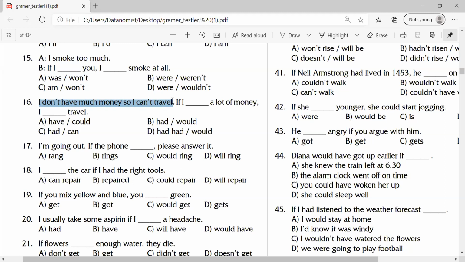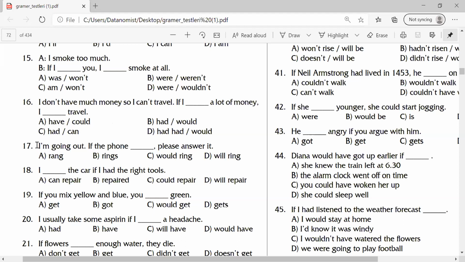And opposite or contrary to that fact I want to express. Now look at this. Then obviously that is expressed in past formation. If I dash a lot of money, I dash travel. If I had a lot of money, I would travel.